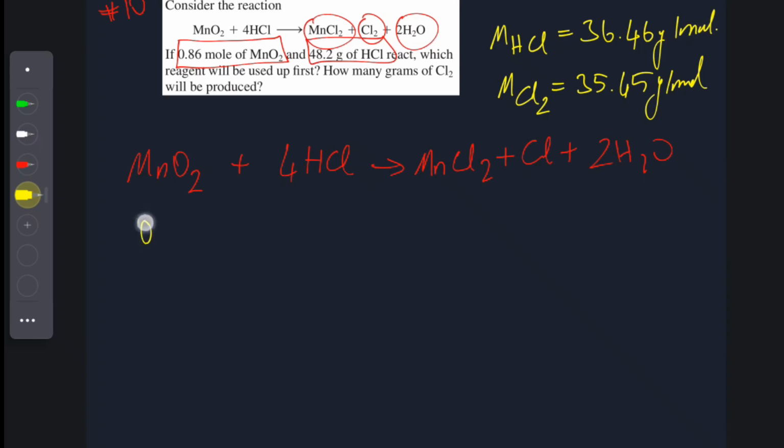So we have 0.86 mole of manganese oxide, but we don't know how much HCl in terms of moles. So I want to convert its mass to moles.